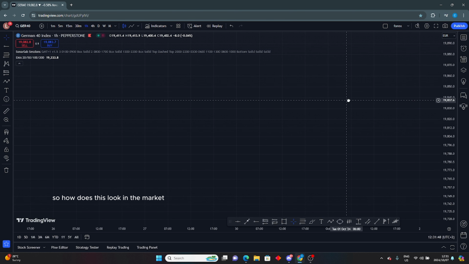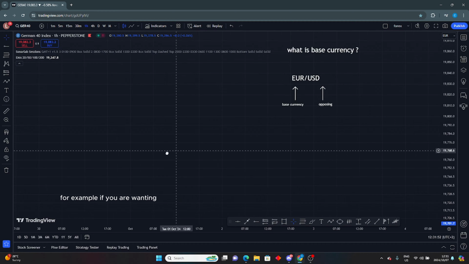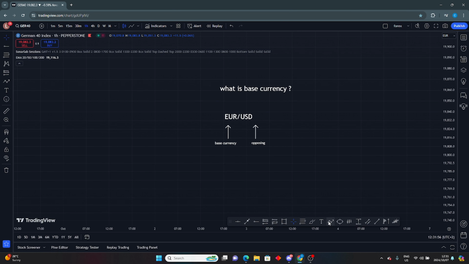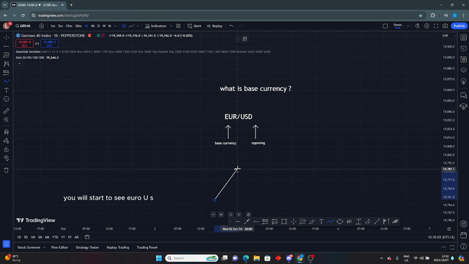So how does this look in the market? Obviously, if Euro goes up and gets stronger against the dollar, you will start to see Euro USD rise, right?